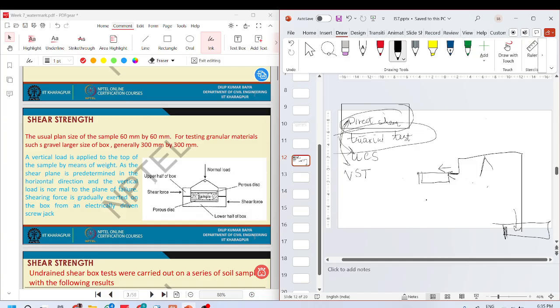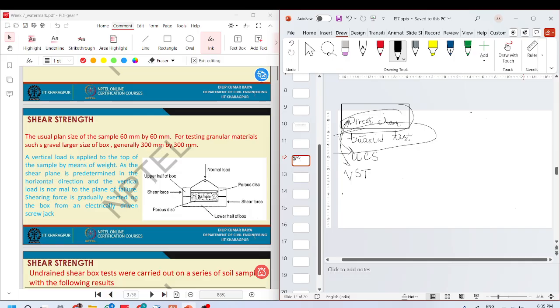And we monitor the displacement and the stress applied through this load, and we calculate the load versus displacement curve. We do this for three readings, and we calculate the shear envelope.